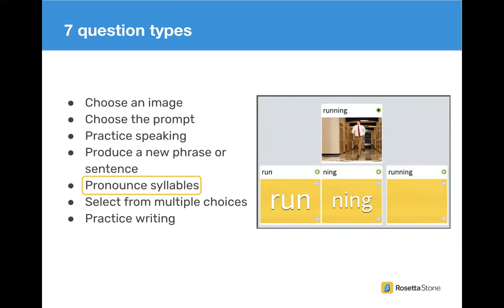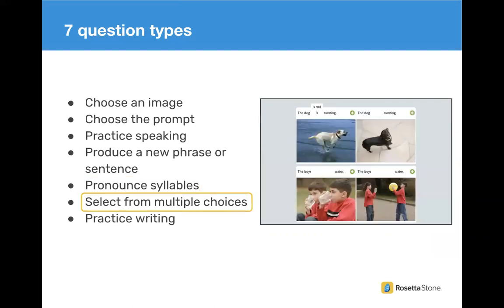So just to develop that phonological awareness. And we also have multiple choice. Keep in mind, this is not the traditional A, B, C, D multiple choice. If you can see from my example here, the student would have to select the dog is not or the dog is running. So these two would be the multiple choices.